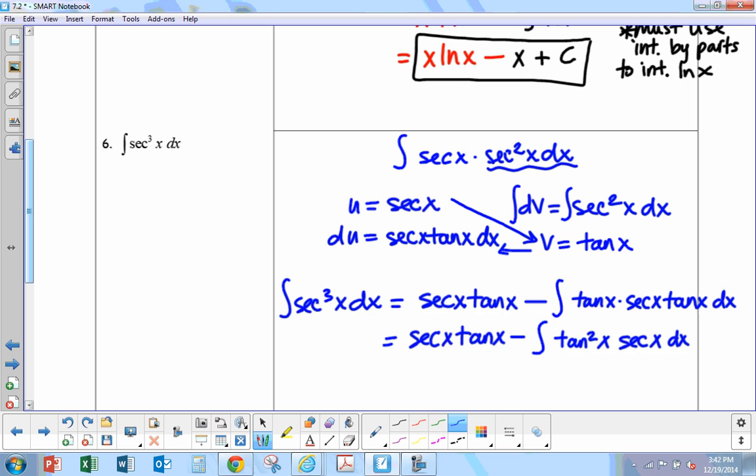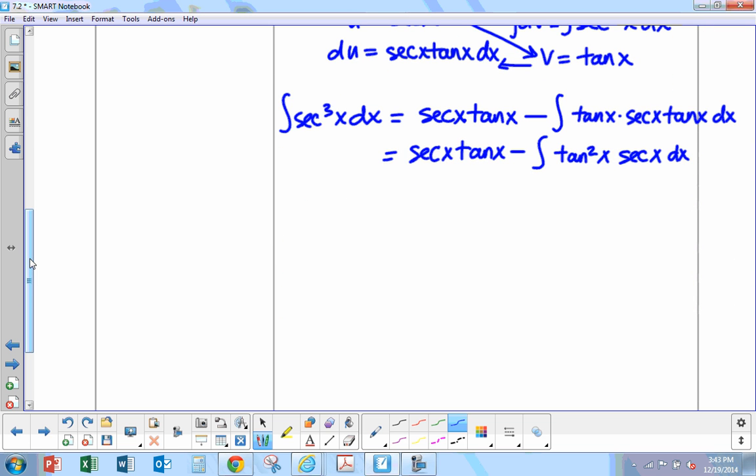Okay. For this one, to figure out what to do in order to integrate what I have left, don't write for a minute. You just need to start thinking through if you know what to do. So maybe I let u be secant x, but then du is secant x tangent x dx, and I don't have those components there, so that's not really helpful.